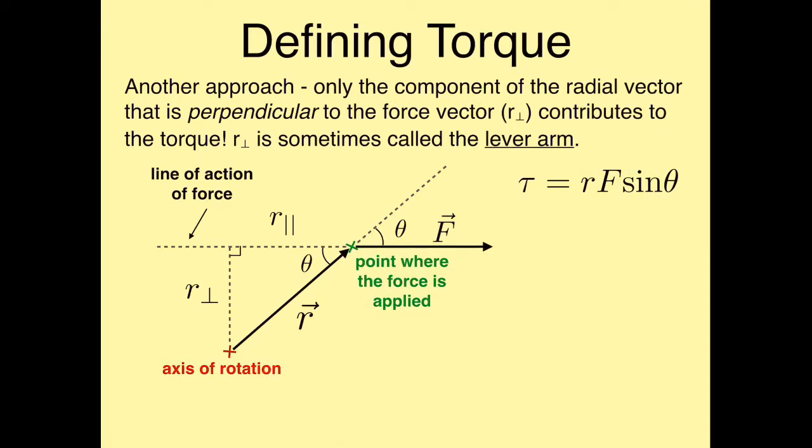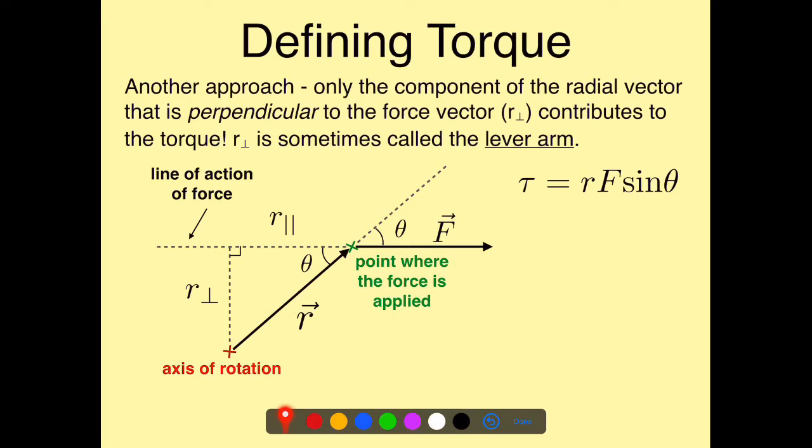Okay, so there's actually another approach to this. There's another way we can define torque that's completely equivalent. And what we'll do is we have the same picture of an r vector and an F vector. And here I'm just leaving the baseball bat out of the picture just to not clutter things up.